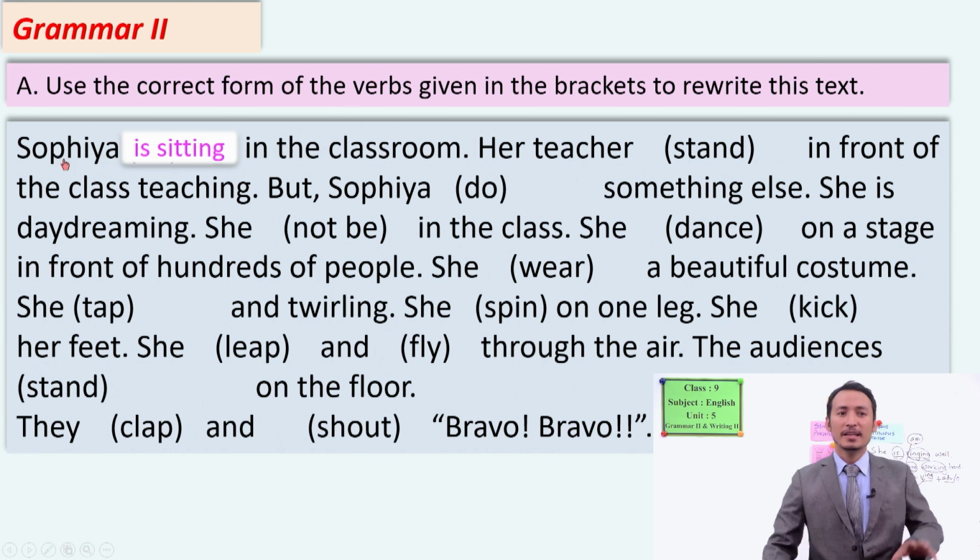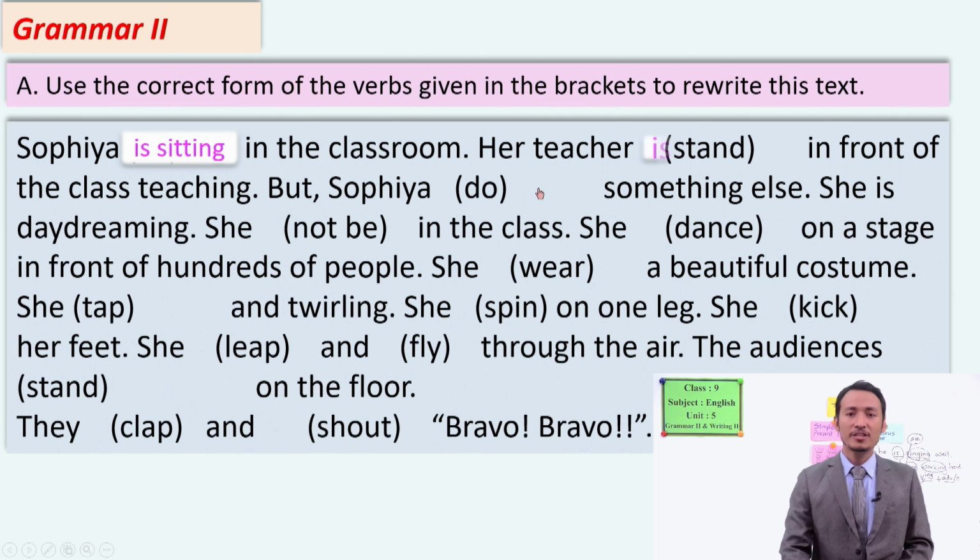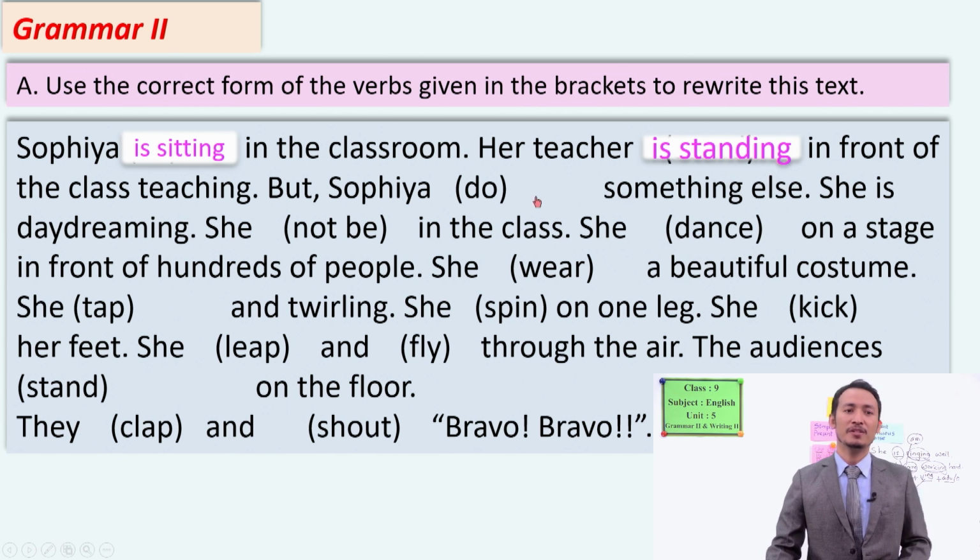So here, the situation is that Sophia is sitting in the classroom. Her teacher is standing in front of the class teaching. But Sophia, look here, Sophia is doing something else. She is daydreaming. So look at here, we have this continuous form. It's given here.